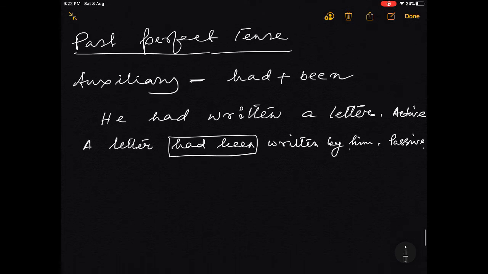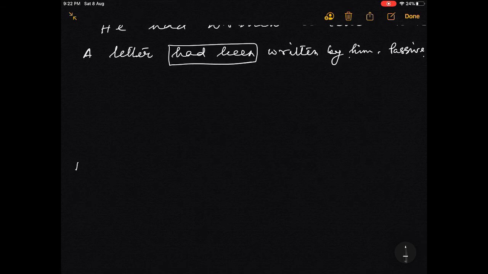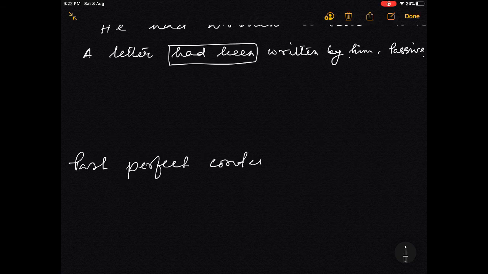Passive, past perfect tense. Now past perfect continuous tense.